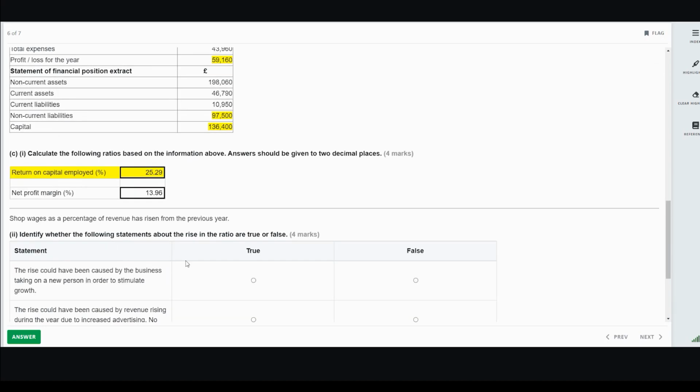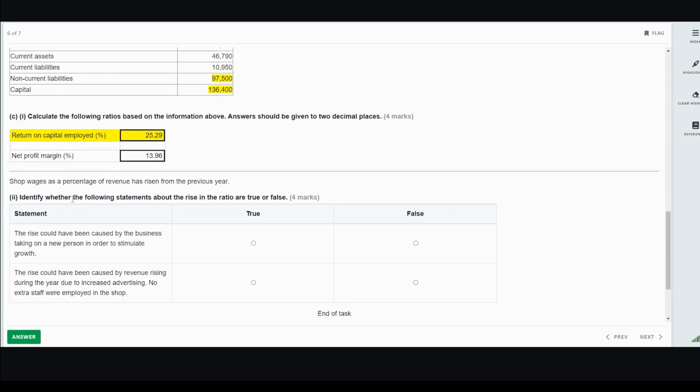Okay, next task then is 5C.2. It says shop wages, that's the important bit. Shop wages as a percentage of revenue has risen from the previous year. Identify whether the following statements on the rise are true or false.